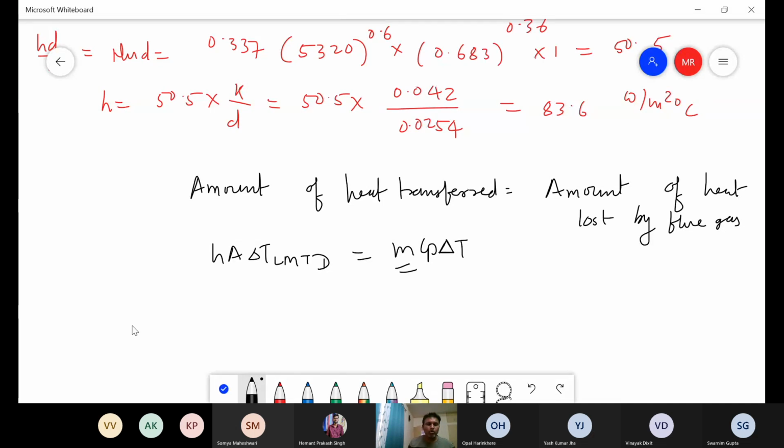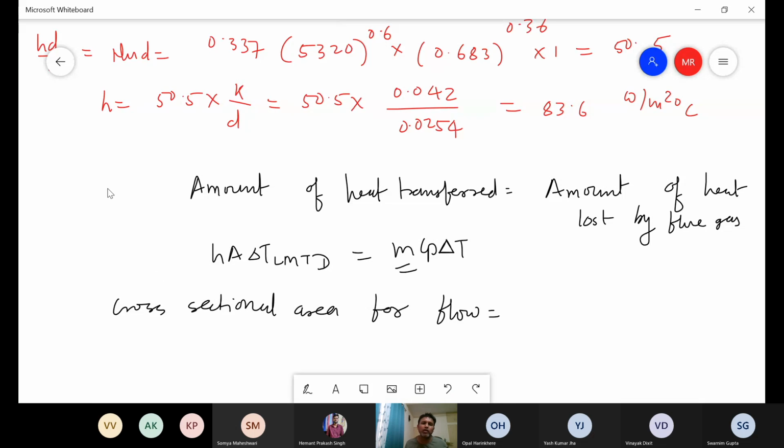So let us find out the cross sectional area for flow.